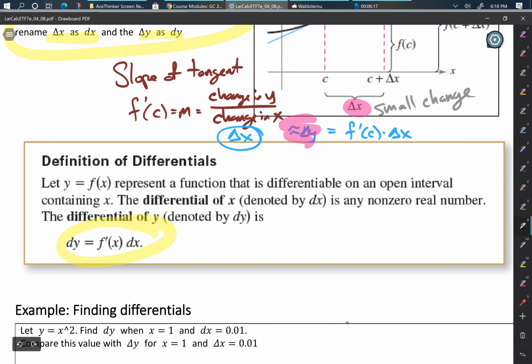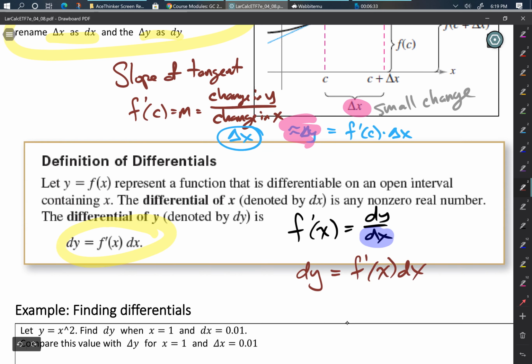And what this is coming from is this argument, that the derivative, multiply, and then we make the argument that dy is a good approximation for our delta y if dx is exactly our delta x.